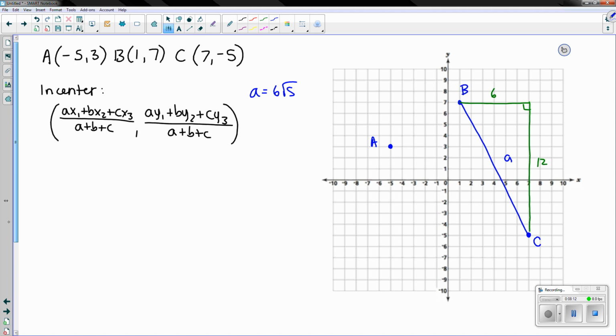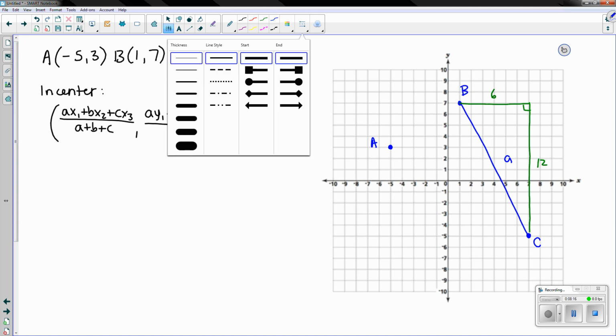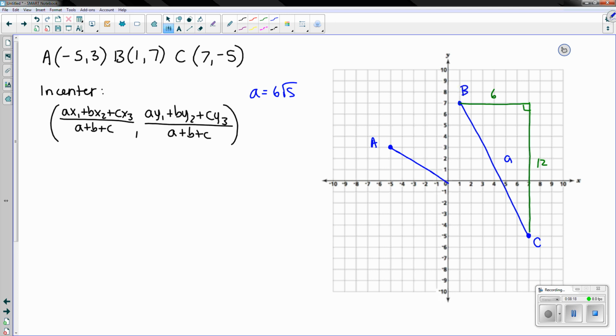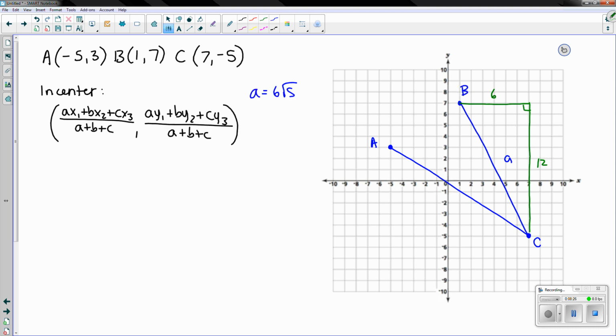And we're going to do that same thing for b. So side b is going to be opposite angle B, which is going to be the length of AC. So we'll do the Pythagorean theorem again, and then I'll use the distance formula for the last one. So we're going to draw our right triangle. We have 3 and 5, which is a side length of 8, and then we have 5 and 7, which is a side length of 12.